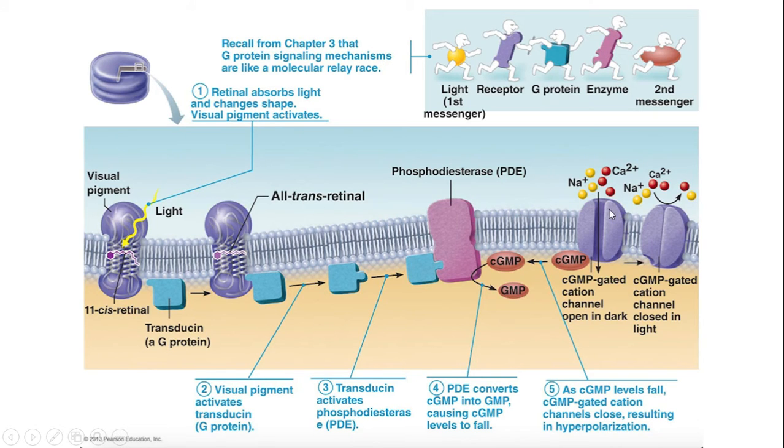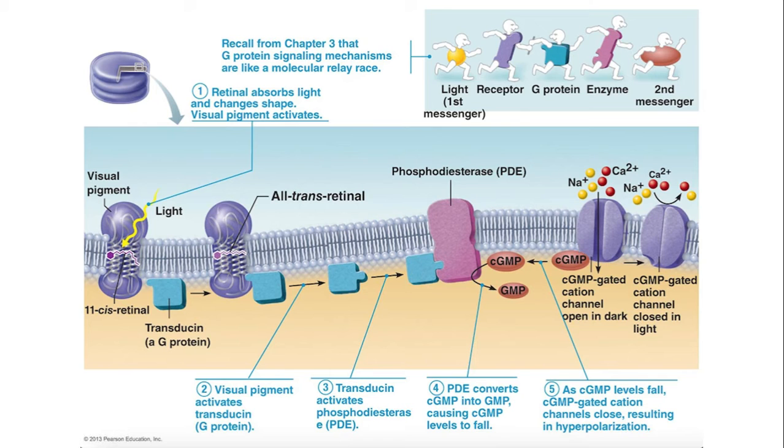So in the dark, usually these protein channels for cations, specifically let's say sodium and calcium, are open, right? What do sodium and calcium do? Well, they're positive ions, and when they come into the cell, they depolarize the cell. Okay, so in the dark, the cell in this example is the photoreceptor. The photoreceptor will become depolarized because these channels are normally open, because this cyclic GMP is normally bound to these cation channels while in the dark.